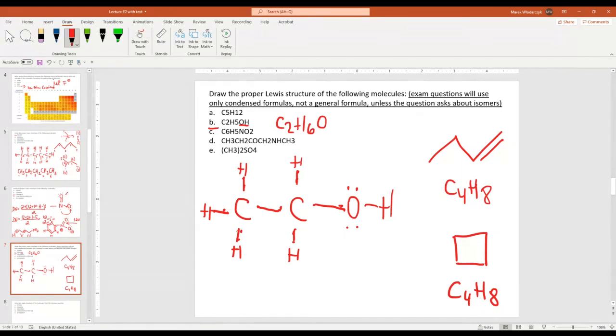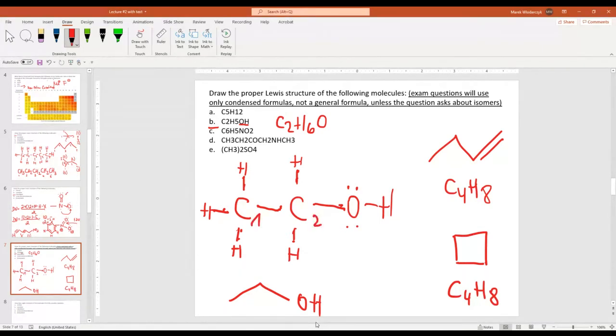The line angle formula for that molecule will look like this. Let's say this is carbon 1, this is carbon 2, and the oxygen.